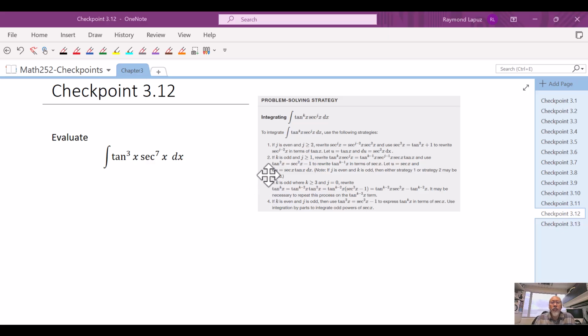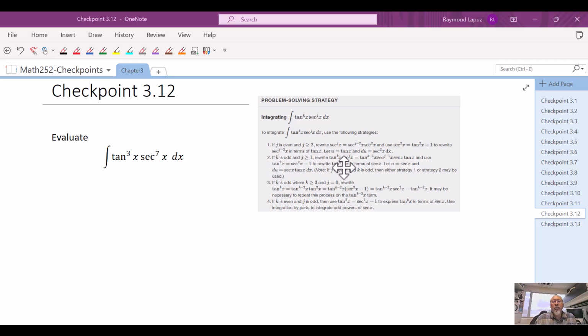And so we'll take that plan. Option number 3 is very similar to what we're looking at. It says k is bigger than or equal to 3, and j is equal to 0, but that's not our case. So let's stick with option number 2.